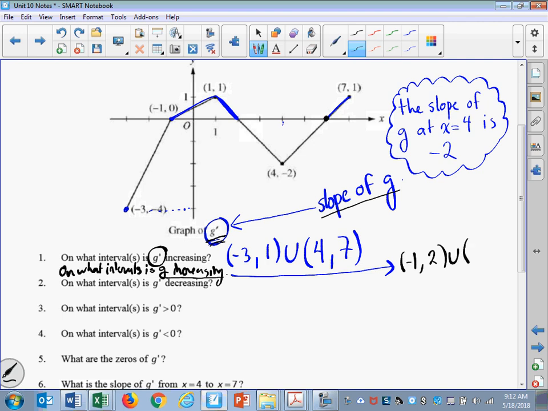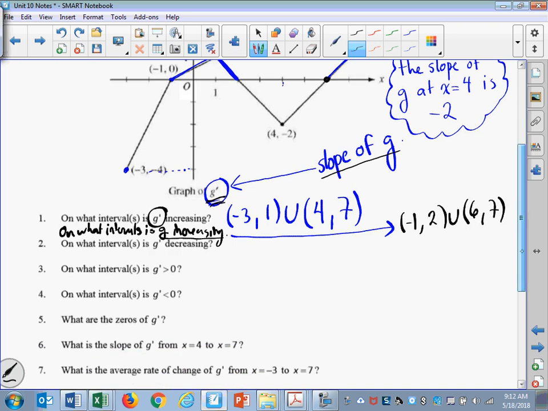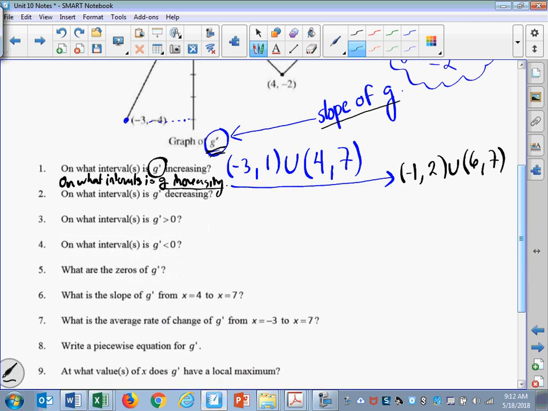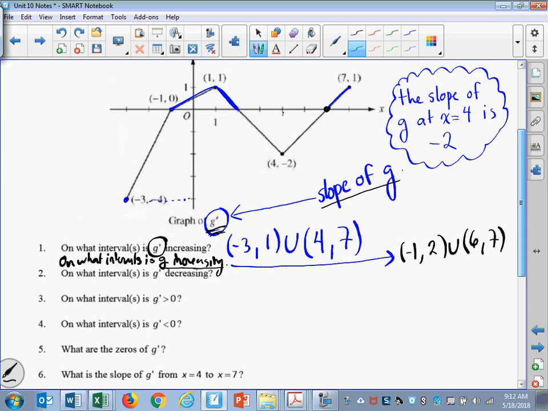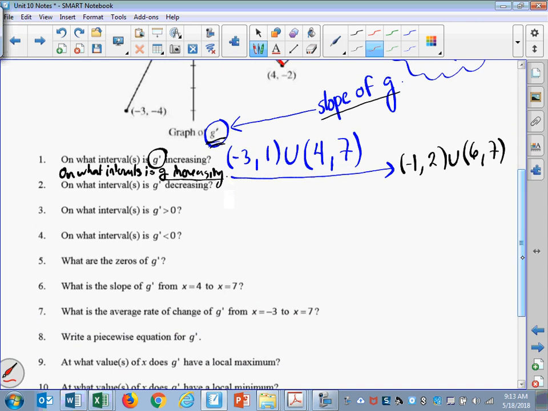Okay, well, let's answer the next one. Where is g prime decreasing? So they're talking about g prime here. g prime is decreasing where the slope is negative, the slope of g prime. So there it is. We'll say decreasing on the interval from 1 to 4.